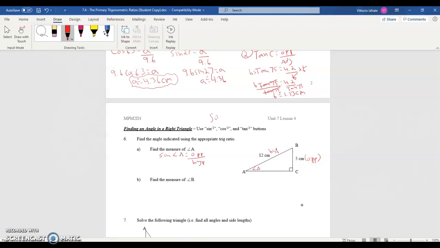Remember that, SOHCAHTOA. So sine of angle A is going to be 5 over 12.